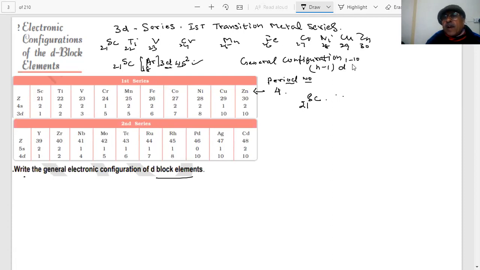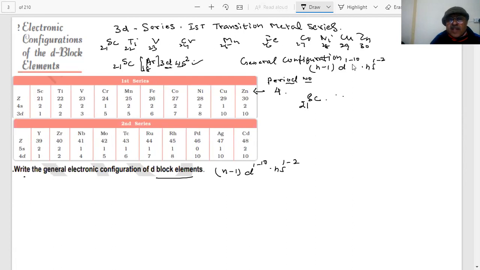And ns, 1 to 2. Therefore, the general electronic configuration of the d block elements is (n-1)d1 to 10, ns1 to 2.